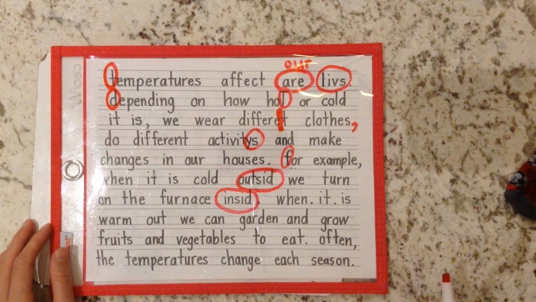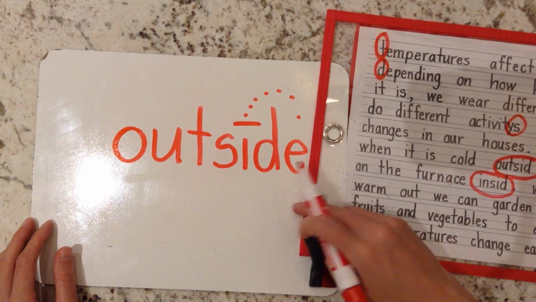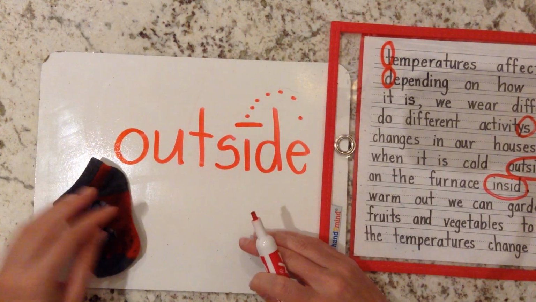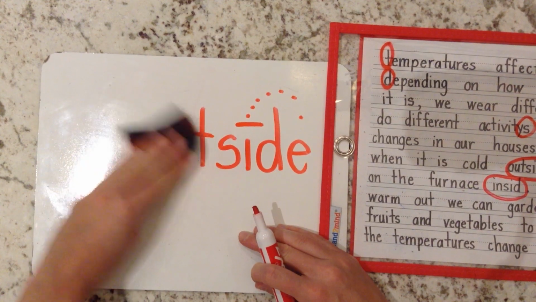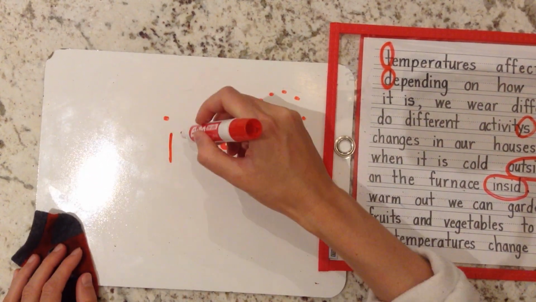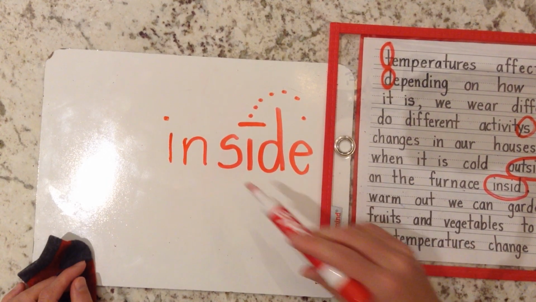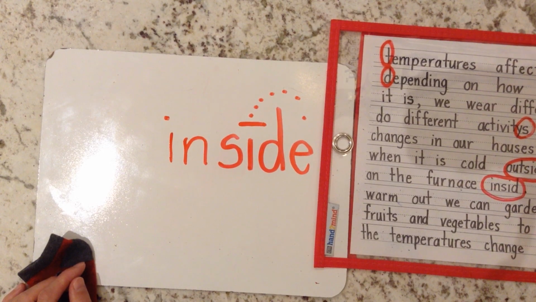What do you need to put on the end to make it say inside? We can use the same word from before, except we only have to change the first syllable. Let's change the out into in. Now it says inside. The magic E is making the vowel say its name.